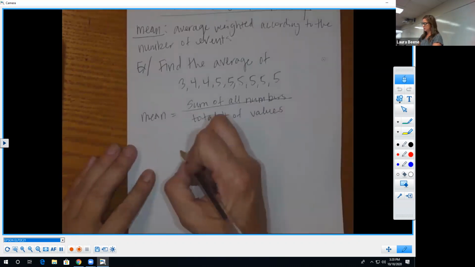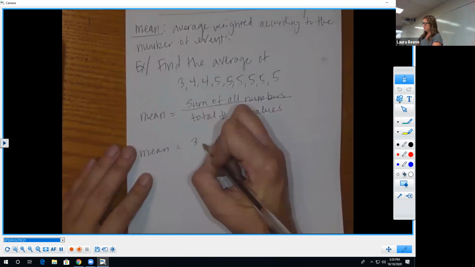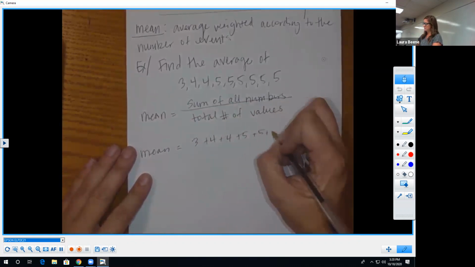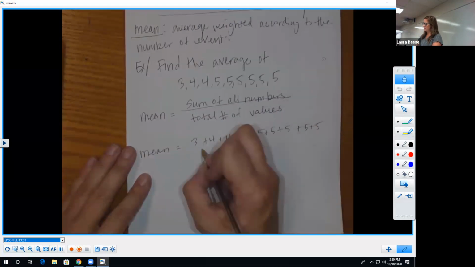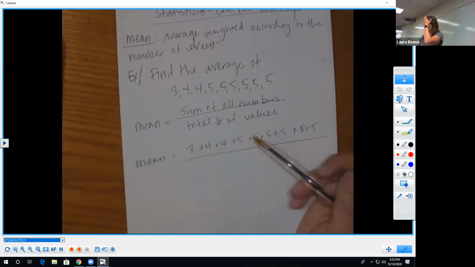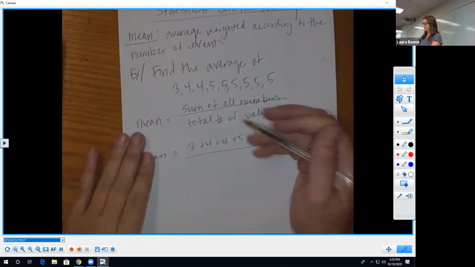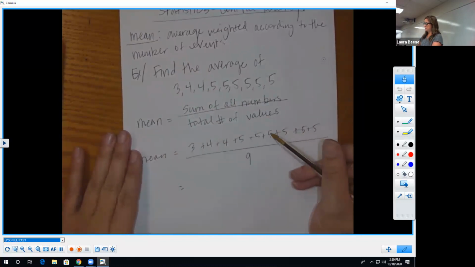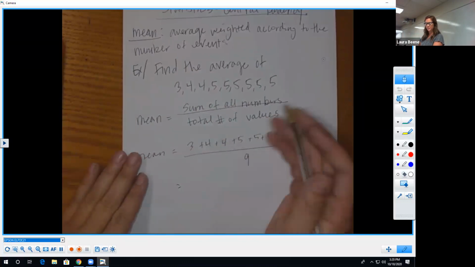For this situation, we add up all the numbers on top: 3 plus 4 plus 4 plus 5 plus 5 plus 5, 5, 5, 5, divided by how many numbers we have: 1, 2, 3, 4, 5, 6, 7, 8, 9. When we add these up, 5, 10, 15, 20, 25, 30, 38, 41.